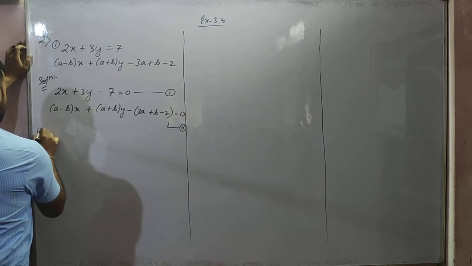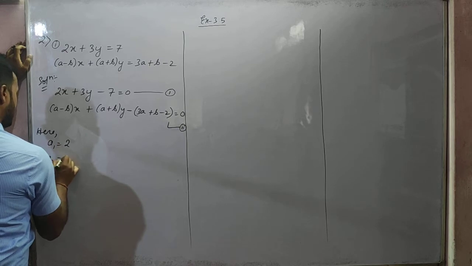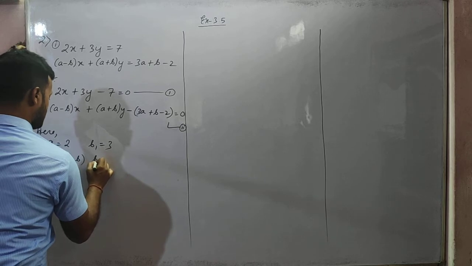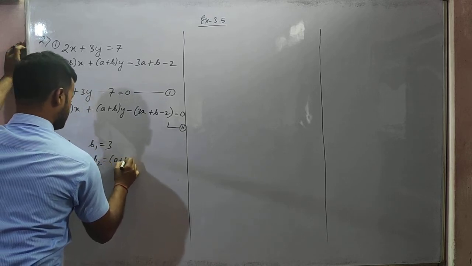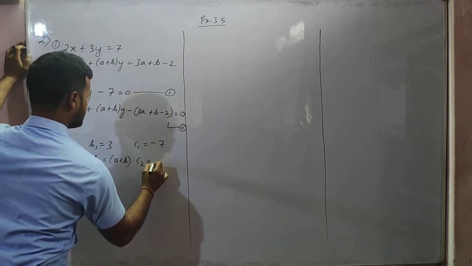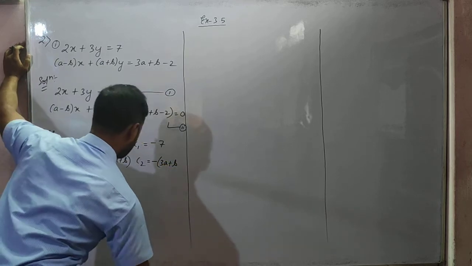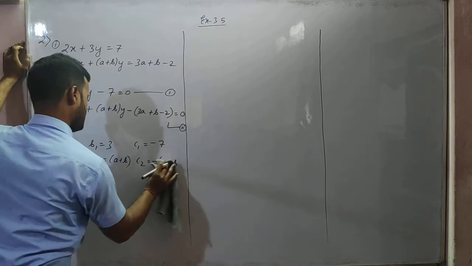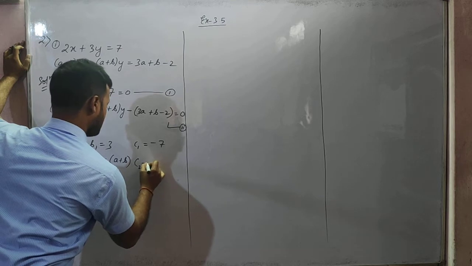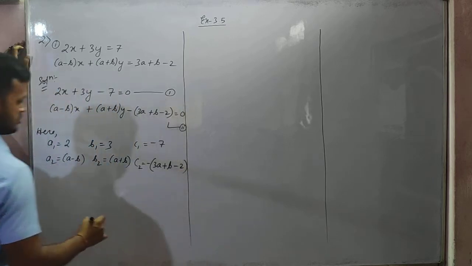Now here a1 is equal to 2, a2 is equal to a minus b, b1 is equal to 3, b2 is equal to a plus b, c1 is equal to minus 7 and c2 is equal to minus (3a plus b minus 2). Okay.